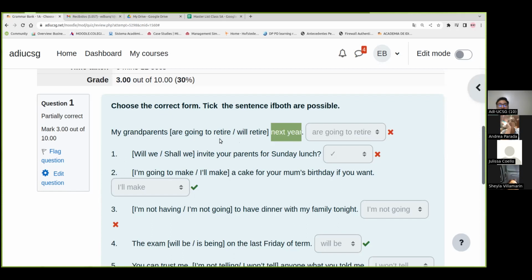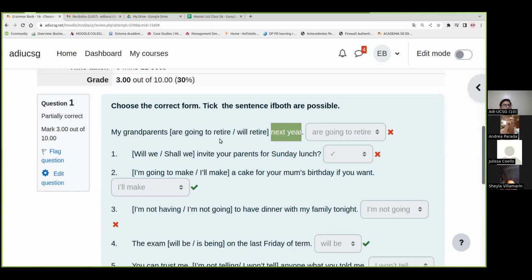Well, they essentially mean the same, but if you have a time indicator in the sentence, if it's very specific, you can use going. If you don't have any time indicator, you use will. The problem here is that next year is not really specific, but you still have a time indicator.